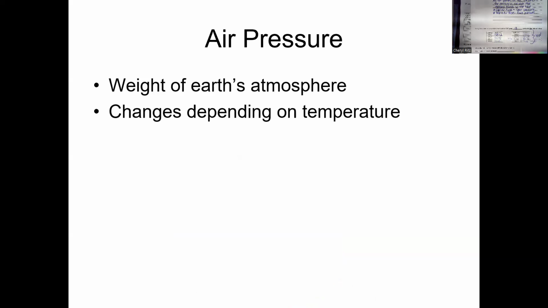I asked you, if I asked you to put pressure on your desk, what would you do? You'd push down. Air pressure is that, except instead of you putting the pressure, it's the air pushing down on either you or, in this case, the desk.